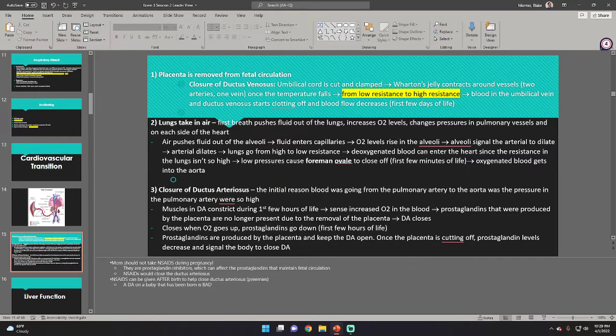But it really comes down to a lot of different factors, and those are going to be in pediatrics, where if we need a way to distribute blood throughout the body, we might be giving prostaglandins after birth to keep the ductus arteriosus open, but for the sake of OB, we do want it closed. Okay.